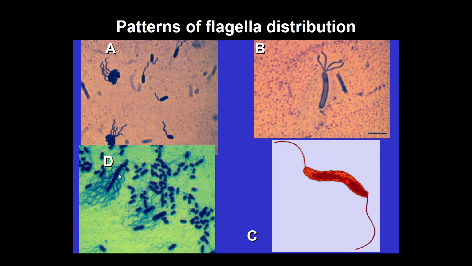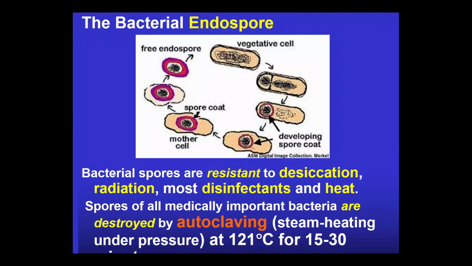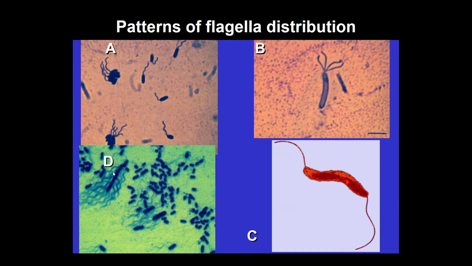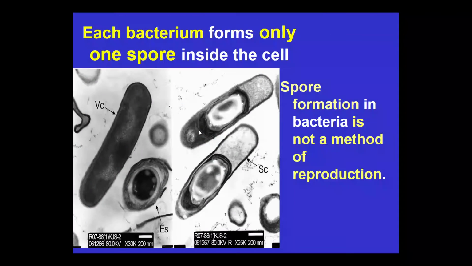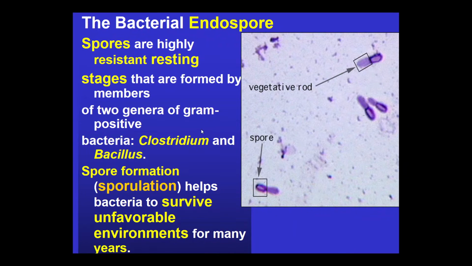And here we have the peritrichous bacteria that's regularly, for example, Escherichia coli. And lophotrichous bacteria, usually this is Campylobacter.